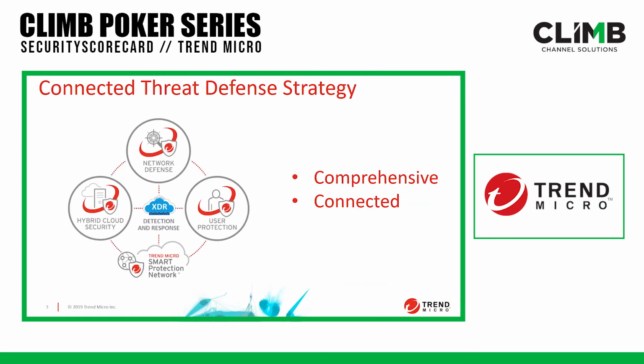One of the key things I've found with Trend Micro is that it provides a very comprehensive set of solutions that you can sell your customers. We were talking about all the things that can be assessed on SecurityScorecard. We have solutions for hybrid cloud security, which is really about infrastructure, whether physical, virtual or cloud. We have network defense. We also have user protection, which encompasses our endpoint products.